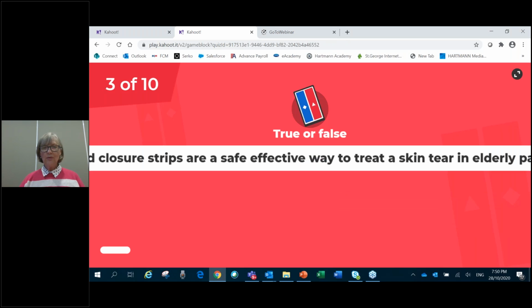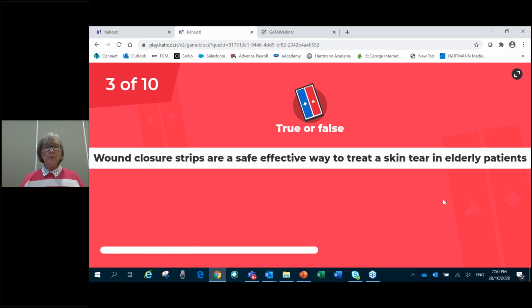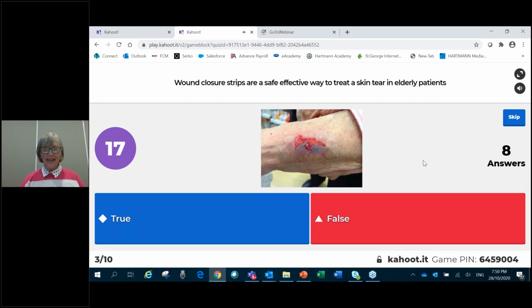Next question, true or false? Wound closure strips are a safe, effective way to treat a skin tear in elderly patients. Again, you've got to be quick. I'm only giving you 20 seconds for this. This was also talked about in the first webinar.